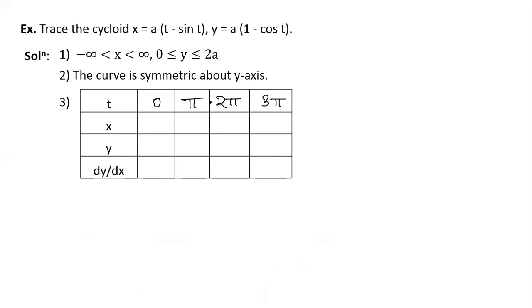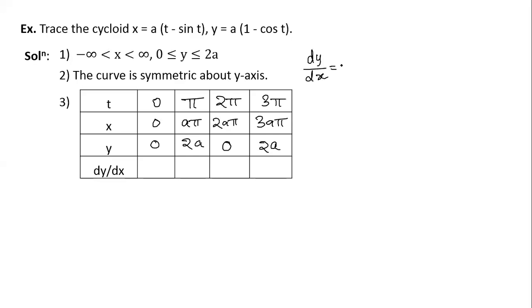Value of x will be equal to 0, a pi, 2a pi, 3a pi, and values of y will be, for t equal to 0, y equal to 0, for t equal to pi, y equal to 2a, for t equal to 2 pi, y 0, then for t equal to 3 pi, y will be equal to 2a.